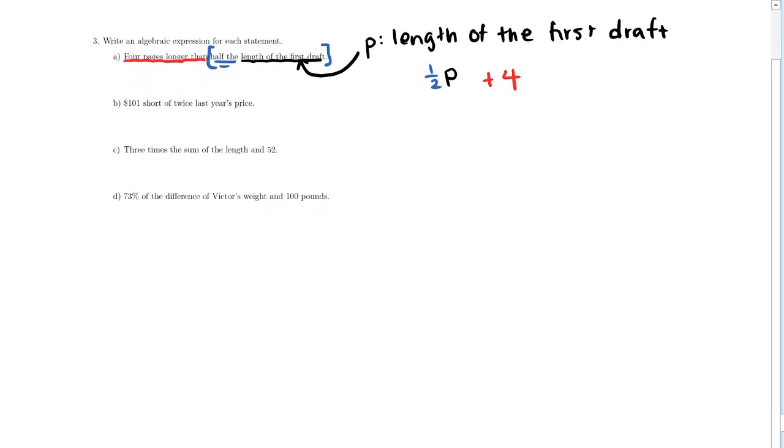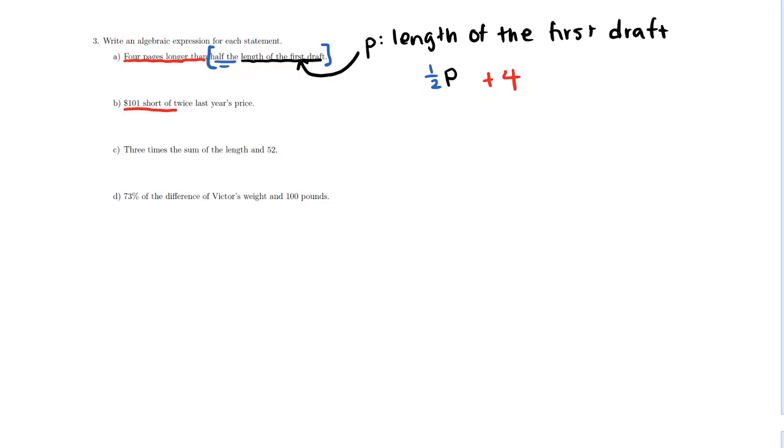So in the next example, it says $101 short of twice last year's price. This is sort of in a similar format to above. It says $101 short of something. That's telling us, if I'm $3 short of the total cost, that means I don't have the total cost. I have 3 fewer dollars, right?